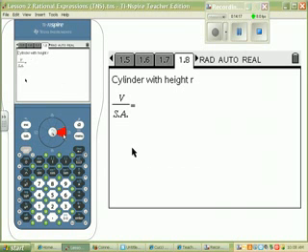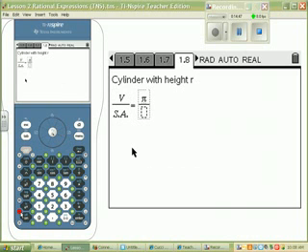All right, so we're going to look at a cylinder with height r. What we're going to do is divide the volume formula by the surface area formula. So you're going to go right down here, and we're going to put in a fraction template. Who remembers how to do that? Control division, good. Got our fraction template. What was the volume formula? Pi r squared h.